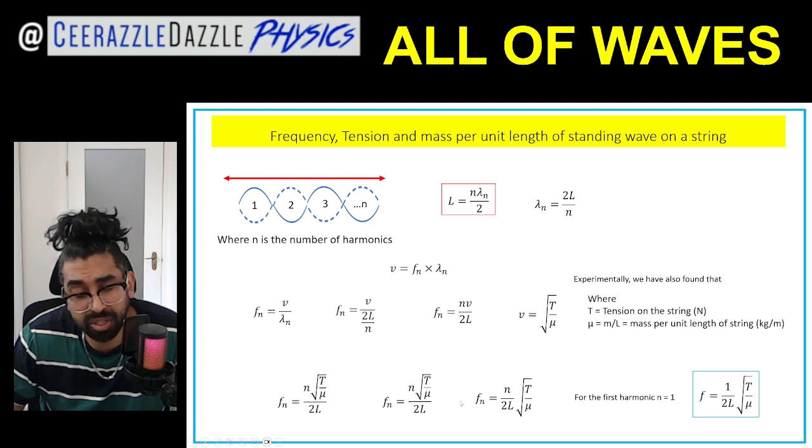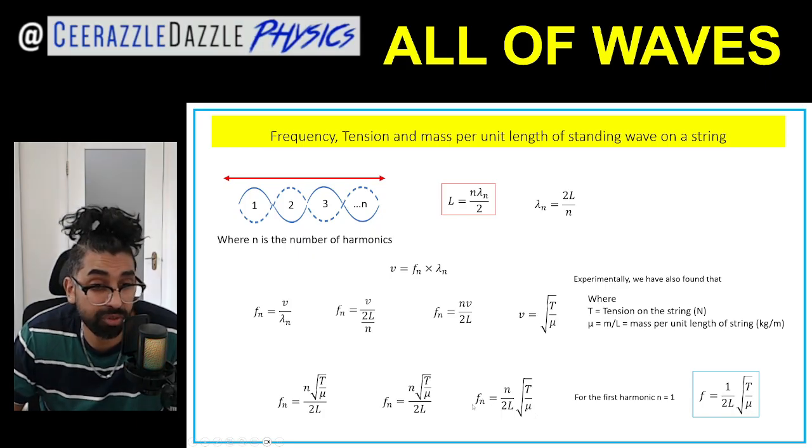Therefore, it pops out becoming n divided by 2L root T over mu. So this is the frequency for n harmonics, whichever one you're looking at. So for the first one, f will be equal to 1 over 2L root T over mu. Just make sure you're happy with that. So whichever frequency you're looking at here.